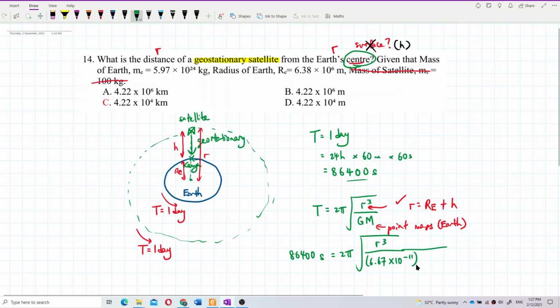So what's the mass of Earth? Not the mass of satellite, the mass of Earth. It is 5.97 exponent 24.